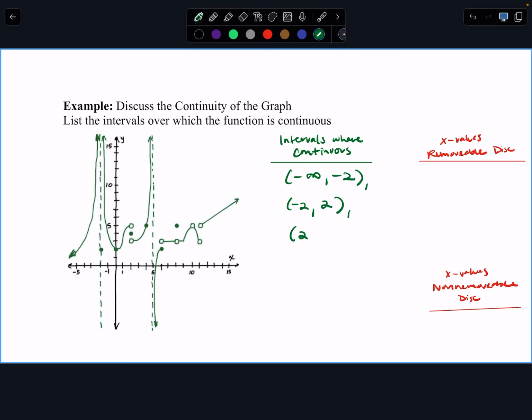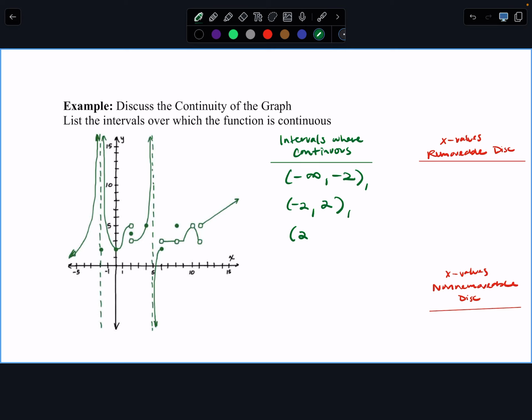Okay, x values where there is a removable discontinuity. Malika, what did your group end up with for removable? X equals 8 and x equals 10. Do we all agree with that?